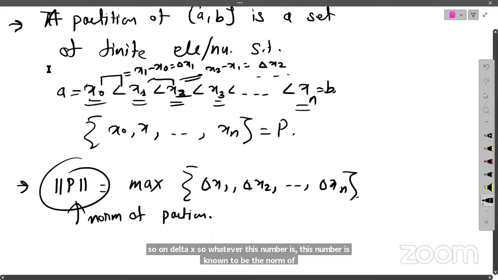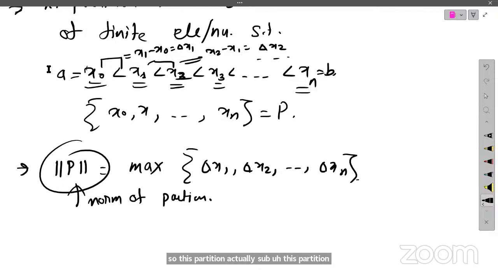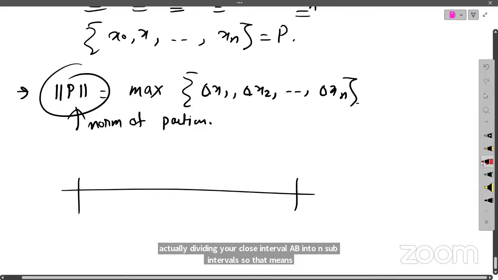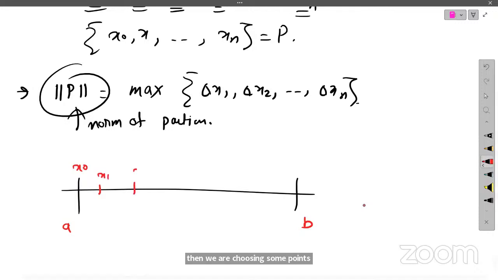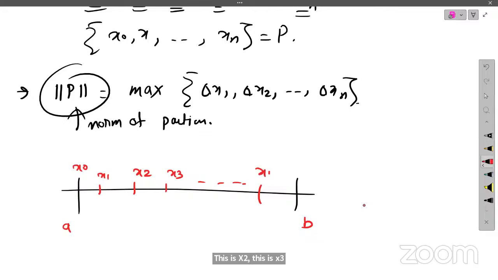Now, what is this partition actually doing? This partition is dividing your closed interval AB into n subintervals. So this is our closed interval AB. This is A, this is B. Then we are choosing some points here. This is our x0, this is x1, this is x2, this is x3, and so on, up to xn minus 1, and this is xn.